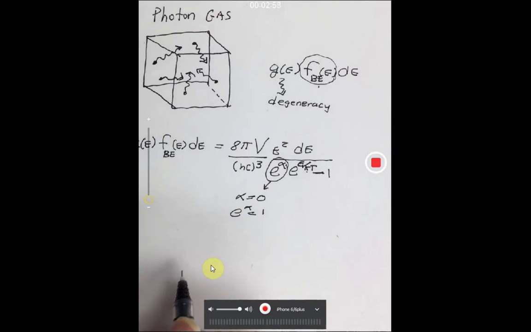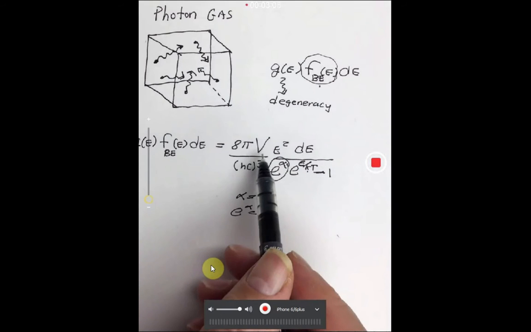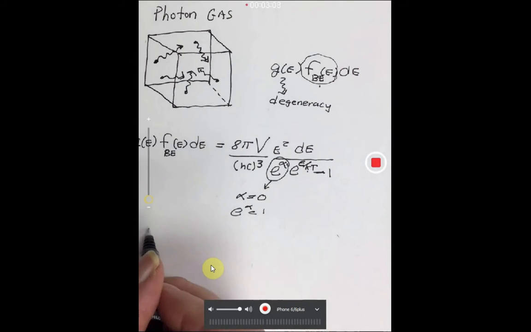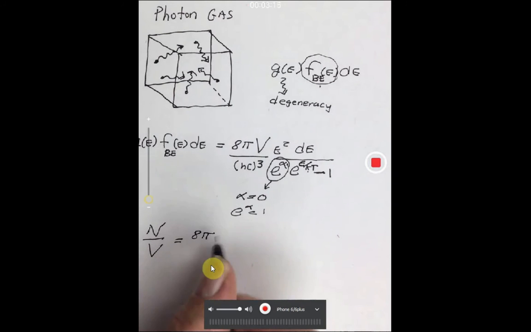So now if I want to find the number of photons, and since I don't always know the volume, maybe I want to know the number of photons per volume. So the number of photons per unit volume equals 8 pi over, since I've divided by the volume, I don't have that V in there anymore, c cubed.